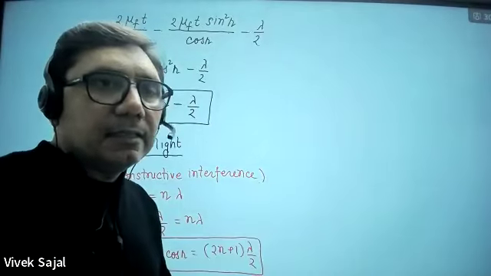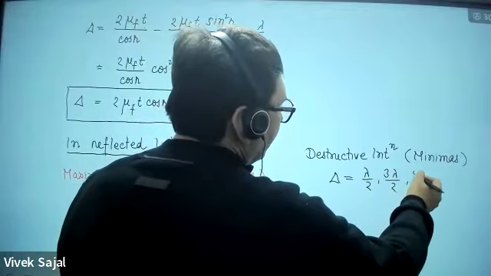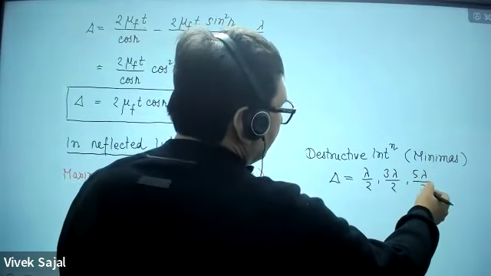Delta should be lambda by 2, 3 lambda by 2, 5 lambda by 2, in this way.